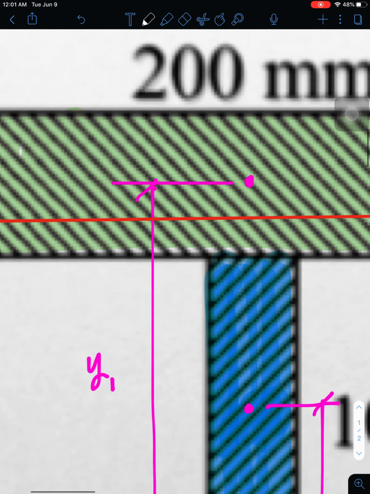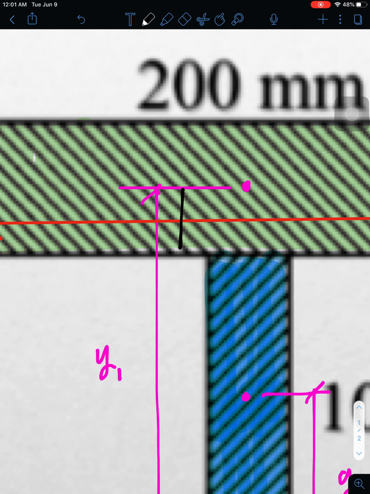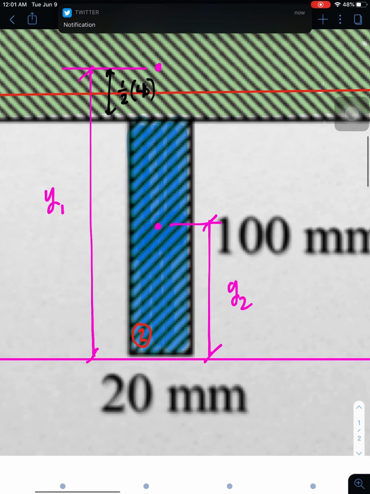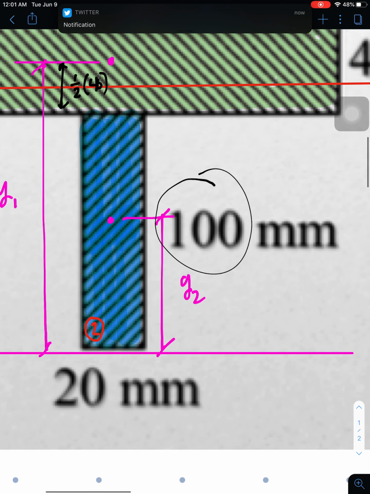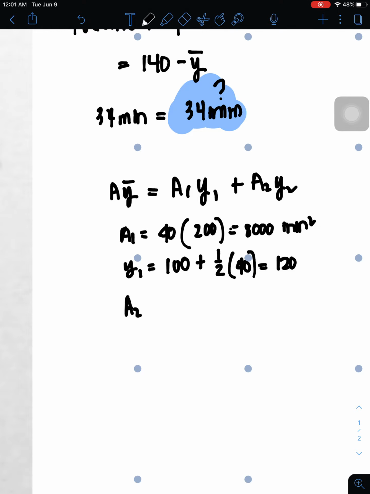It's basically 1/2 of 40 and 100. So 100 plus 1/2 of 40. This is 120.